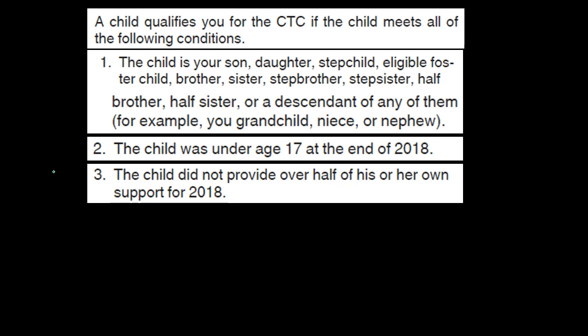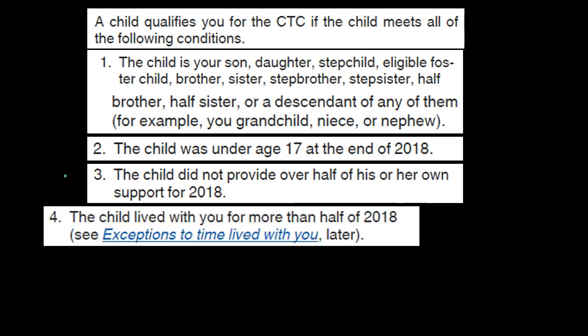Again, these are different than the dependent credit requirements, but note you'll see some similarities between the two. So the child did not provide over half of his or her own support, because if they did, then you would think they would be more dependent on themselves, and therefore not be something that should be triggering a child tax credit. That's some explanation, some justification, some looking for reason in the tax code, which may be a futile endeavor.